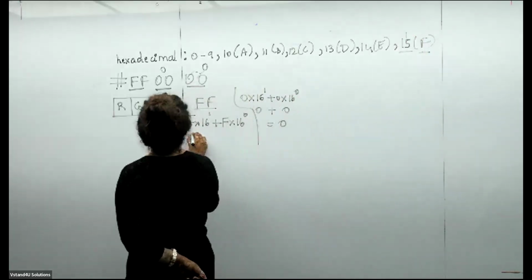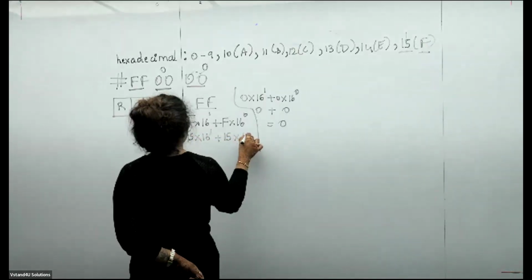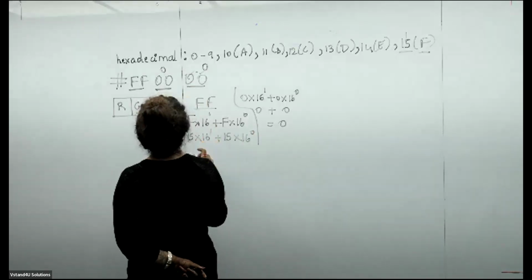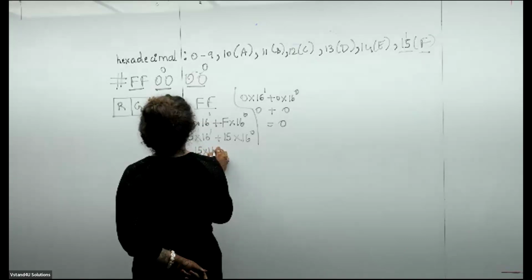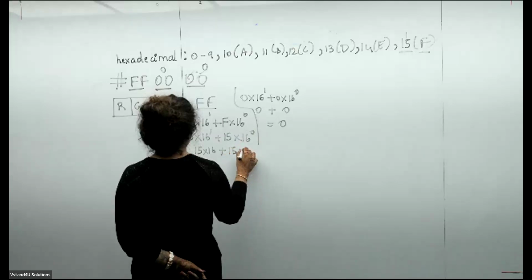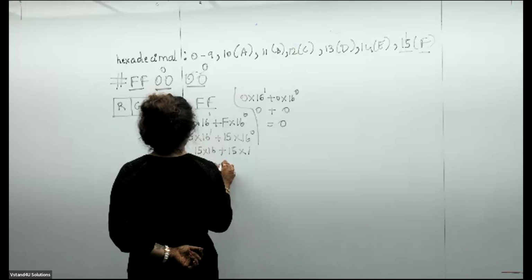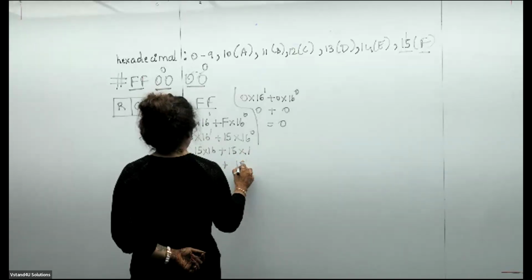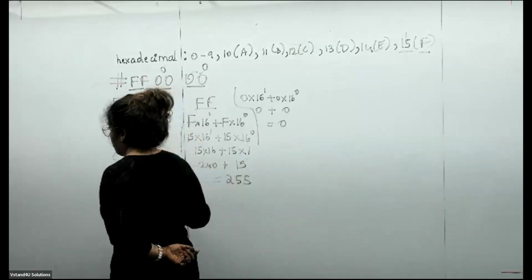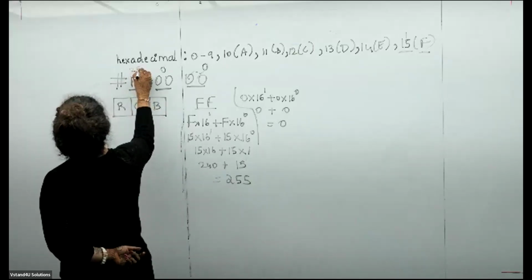So 15 into 16 to the power of 1 is 15 into 16, plus 15 into 16 to the power of 0 is 15 into 1. So 15 into 16 is 240 and 15 into 1 is 15. So 240 plus 15 you will get 255.